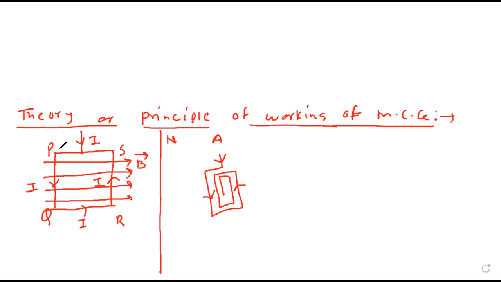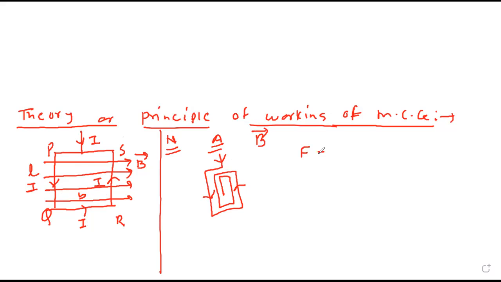Consider a rectangular coil PQRS made up of n number of turns, area of cross section A, placed in a uniform radial magnetic field of induction B. Let L and b be the length and breadth of the coil. When current I is passed through the coil, vertical sides PQ and RS will experience force.